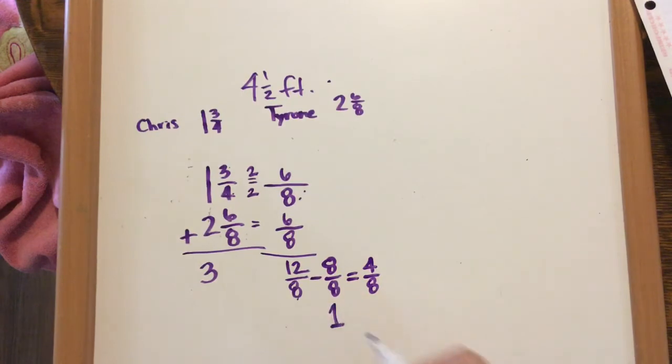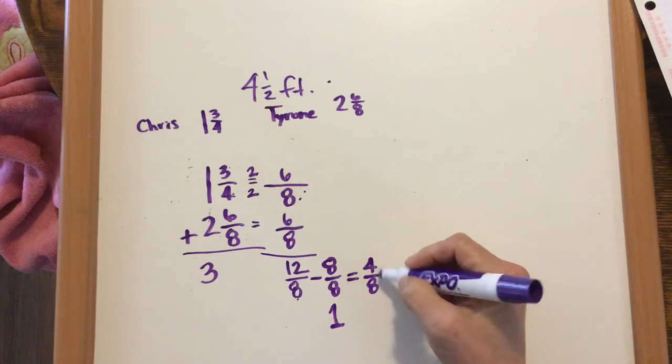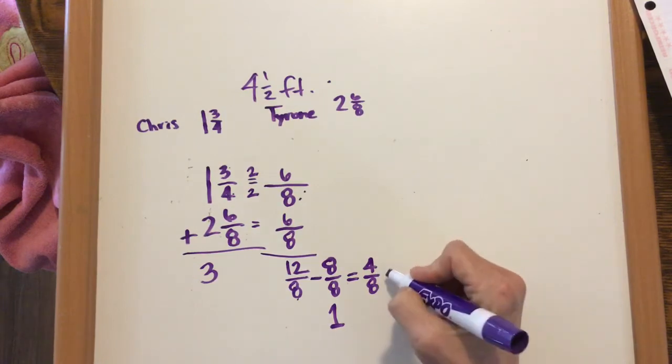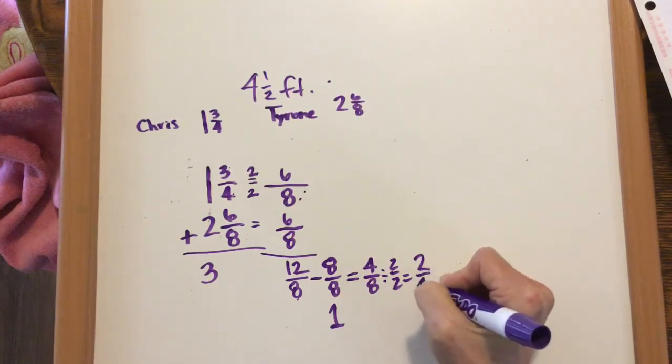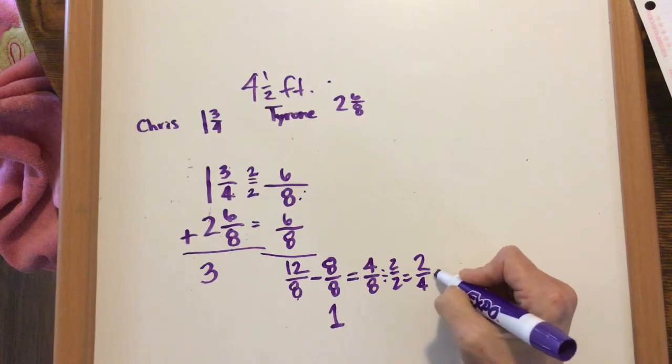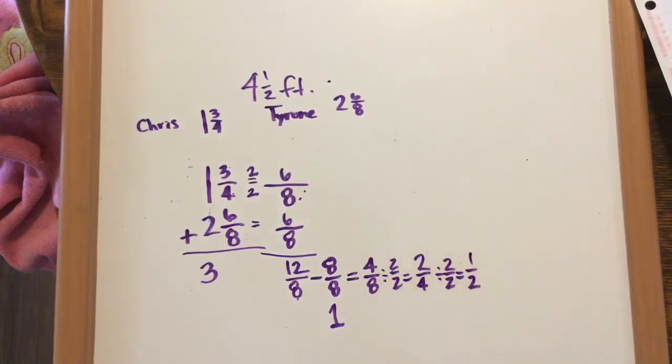So I took away that one. And I know that 4/8 can be simplified because they're both even. I can keep dividing it by 2. And I see I have more even, so I keep dividing it by 2 to get down to 1/2.